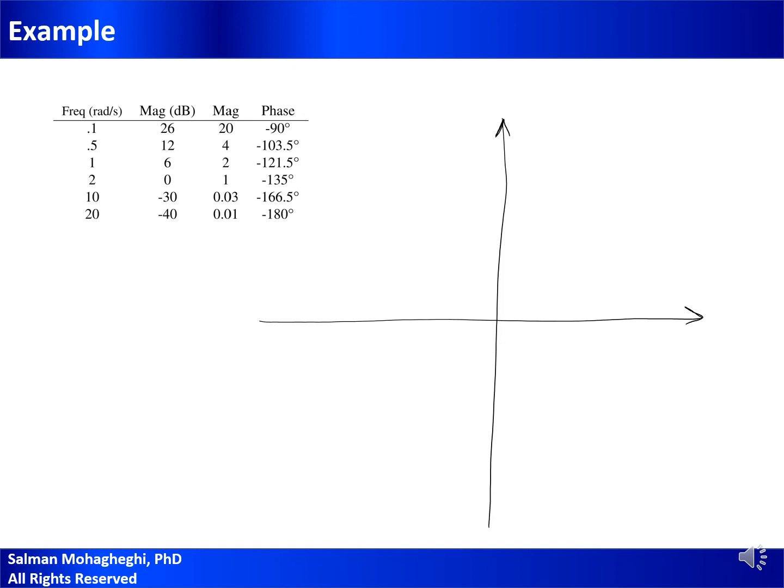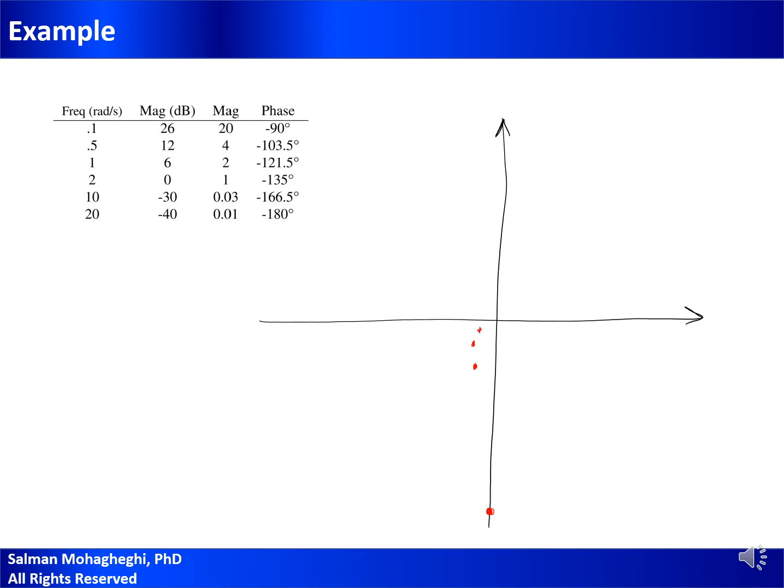So let's say starting point is going to be magnitude of 20, phase angle of minus 90 degrees. Then let's say I will have a magnitude of 4 and an angle of minus 100, and then magnitude of 2 and minus 120, then magnitude of 1, let's say, and minus 130.